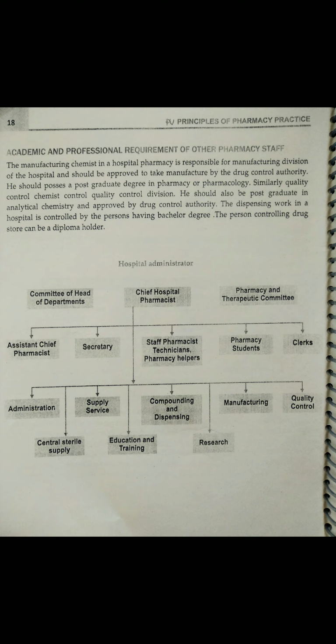Here there is a schematic or graphical representation in which the first is the head of department, the chief hospital pharmacist. Under him there are many others like secretary, chief pharmacist, staff pharmacist, and pharmacy student. After that he is overseeing manufacturing, research, supply of drugs, and quality control. Now, academic means the staff having some qualification.